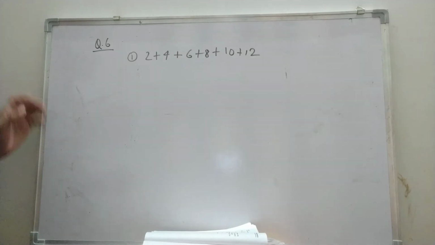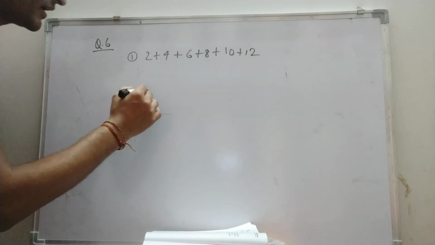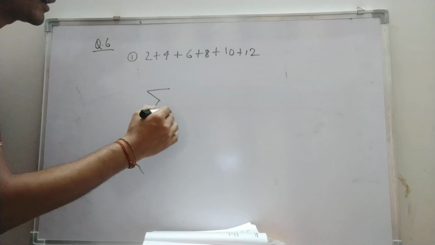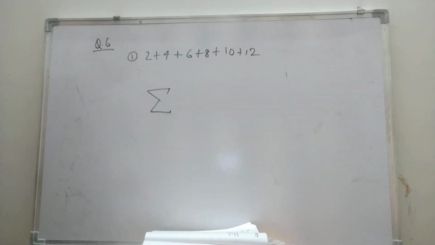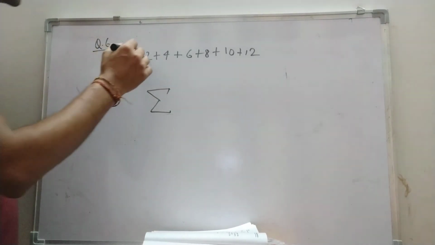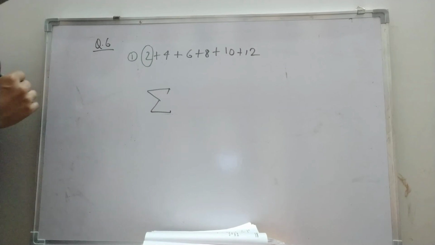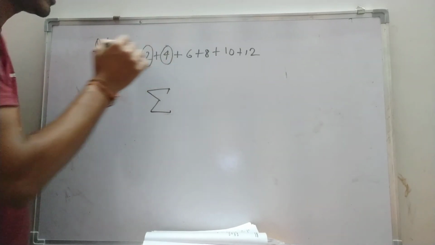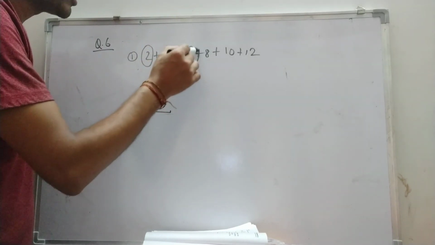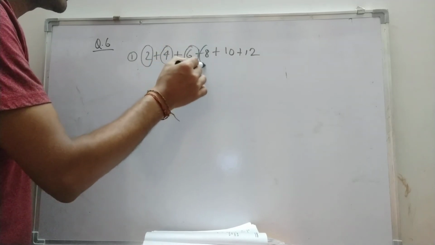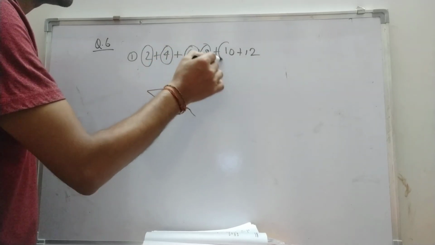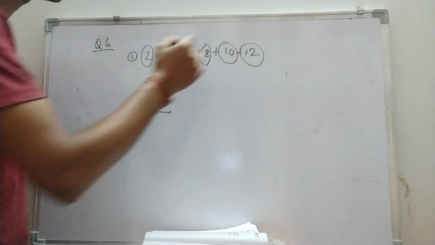This series is given, and we have to express it in the form of sigma. If you observe here, students, the first term is 2, the second term is 2 twos are 4, the third term is 2 threes are 6, the fourth term is 2 fours are 8, the fifth term is 2 fives are 10, the sixth term is 2 sixes are 12.